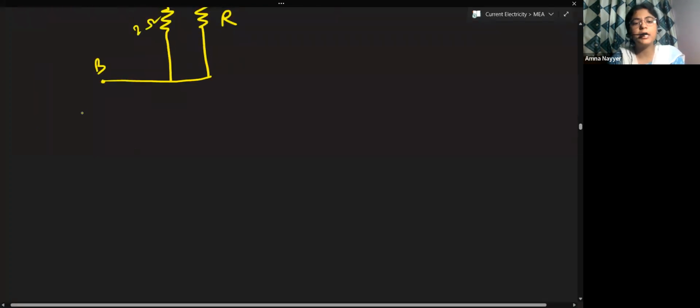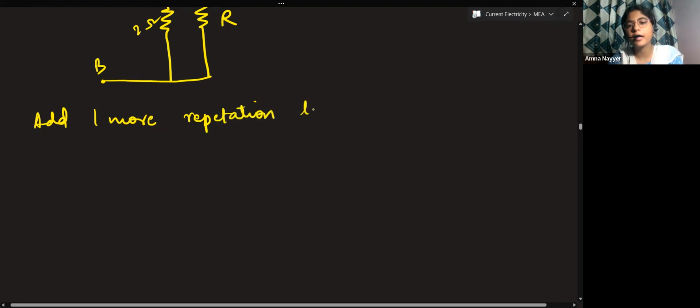So step 3 becomes what? Just add one more repeating term, the repetition term that you have identified. Why? Because the equivalent resistance should remain the same.